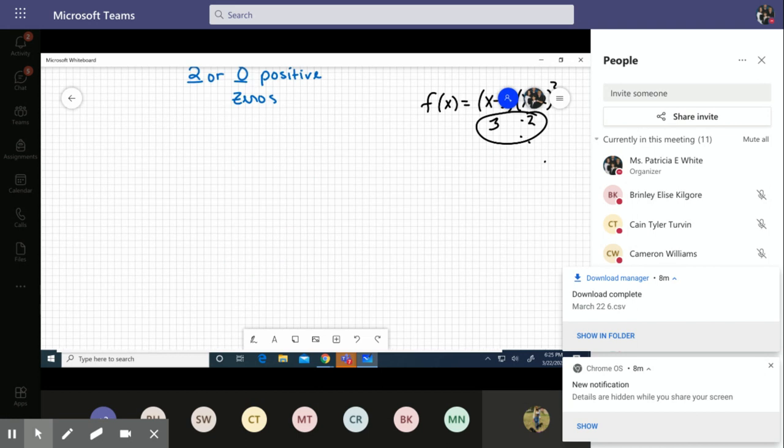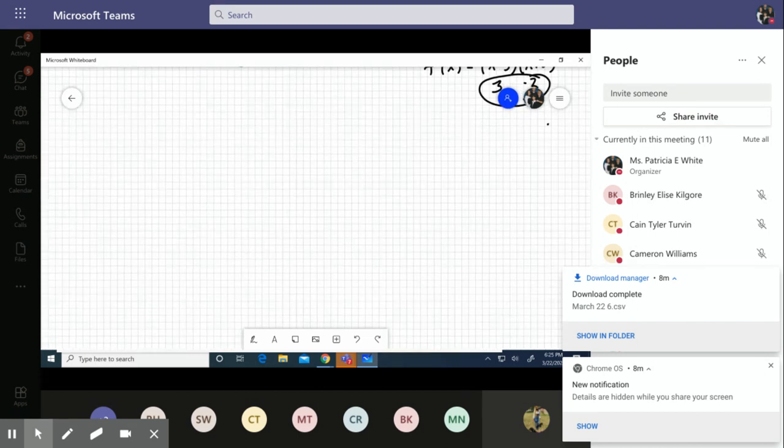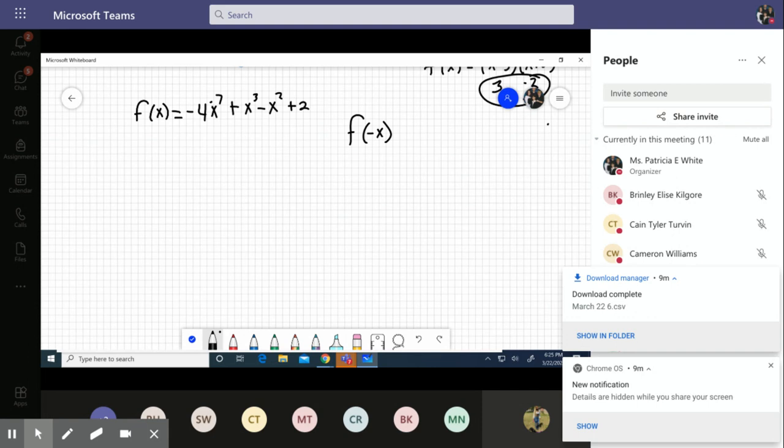Let's try that one more time. That was the example problem. Let's look at 21. Negative to positive.